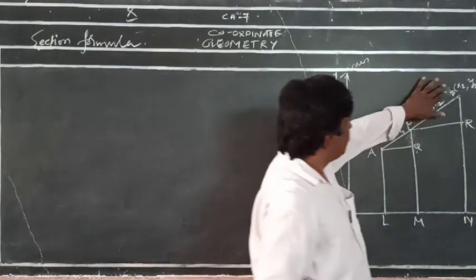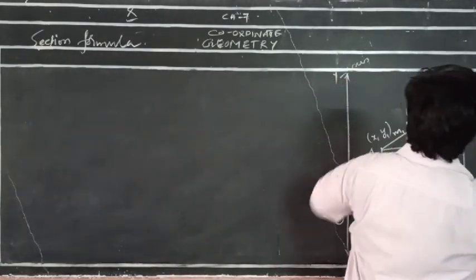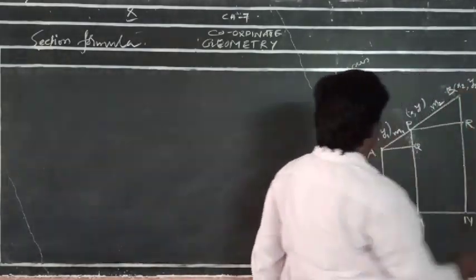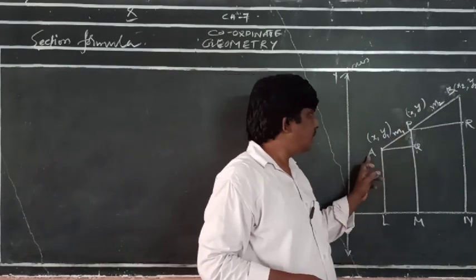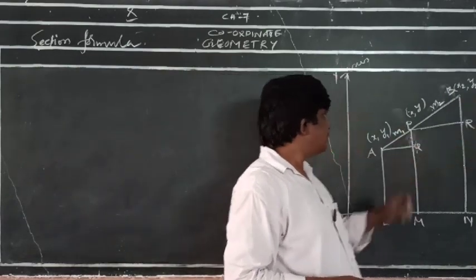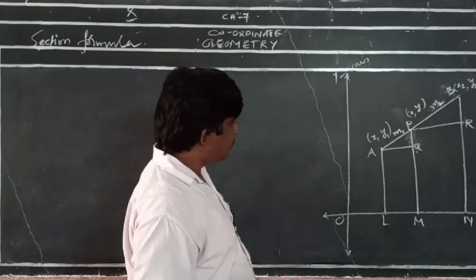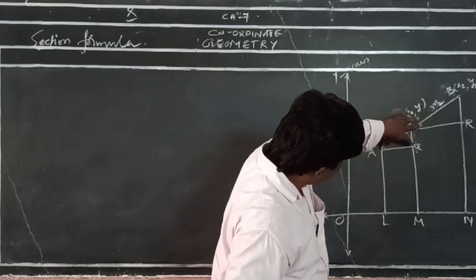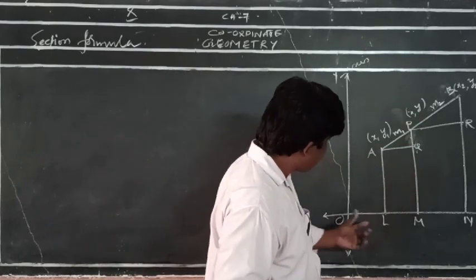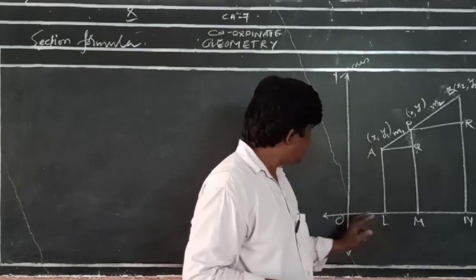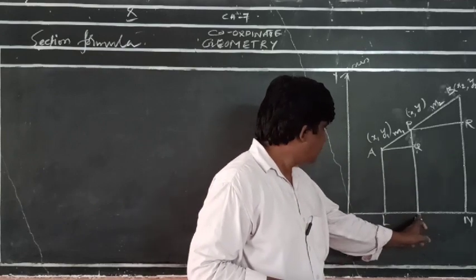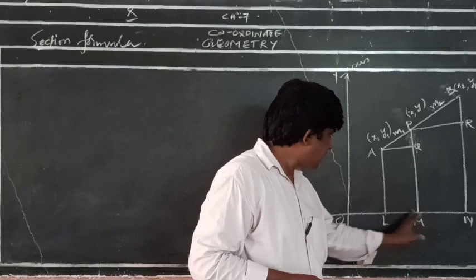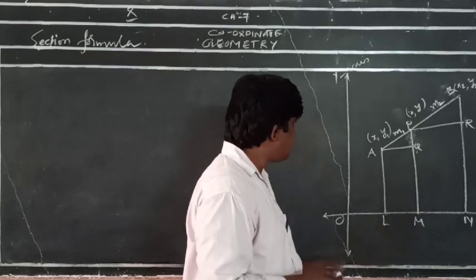So here we have two triangles formed. One is PQA, a right angle triangle, and BRP is also a right angle triangle. So how can we find this AQ? AQ means LM. What is LM? Here to here distance is x1 and here to here distance is x. Therefore, the distance LM is nothing but x minus x1.